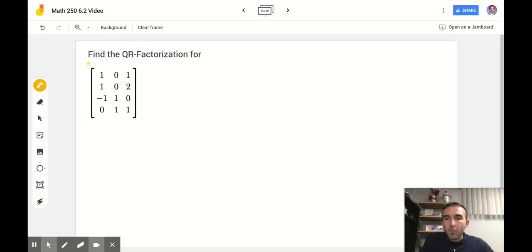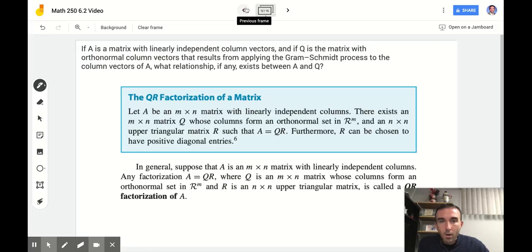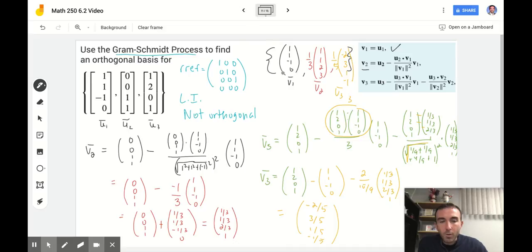To find the QR factorization, we're going to revisit our old friend. I didn't want to have us go through the painstaking process of Gram-Schmidt all over again. So we'll go back and use our friend matrix A. The good news is for the matrix Q, we can take our vectors from the Gram-Schmidt process and just turn them into orthonormal vectors instead of orthogonal vectors only.